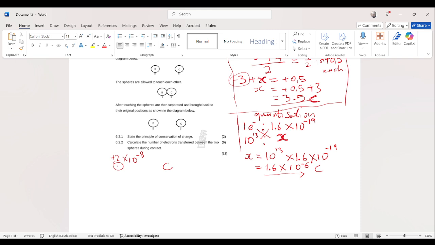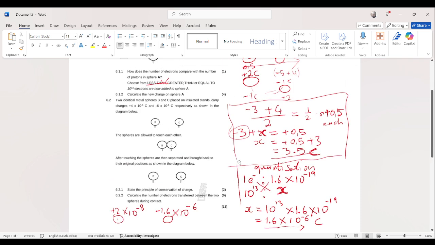Then you have introduced electrons, which bring a negative charge. Do we agree that electrons bring a negative charge? Yes, sir. Negative 1.6 times 10 to the power of minus 6.